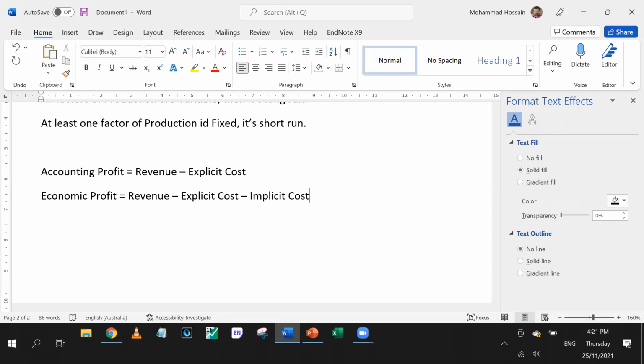This $100,000 was in your savings account. So look, when the money was in your savings account, it was actually earning some interest for you.